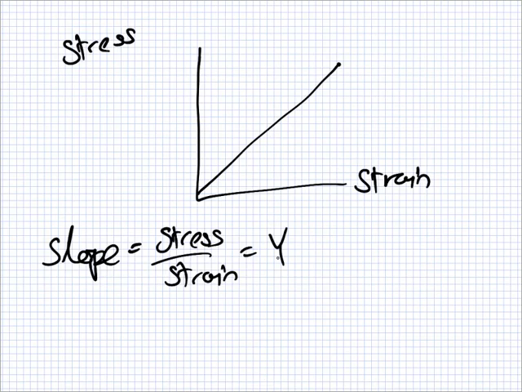In the exam, it depends on the question. So if you're changing the weights, you should put stress on the x-axis. But if you're changing the extension, you should put strain on the x-axis.